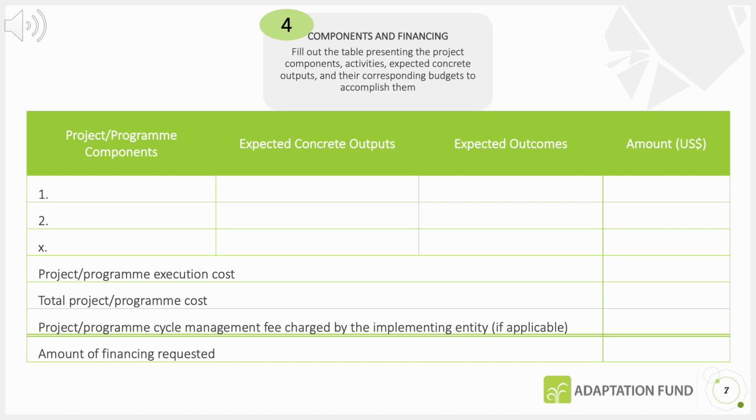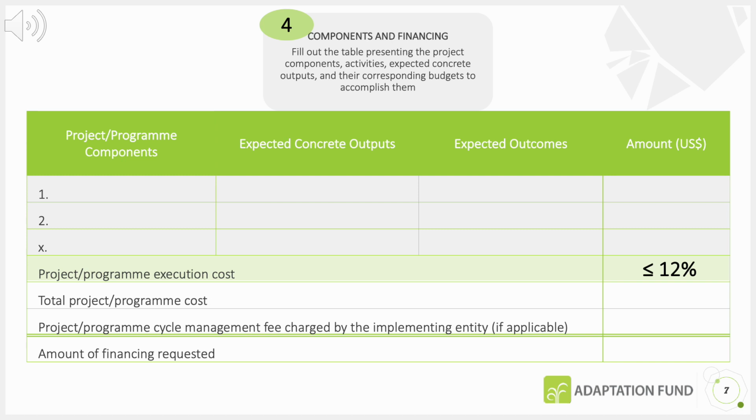The components and financing table, Part 1, Section 4, must be filled out using the provided template. Start by listing the project components, the expected concrete outputs, and the expected outcomes. Provide budget for each component. The project execution costs must not be more than 12% of the total budget requested before the implementing entity fees.